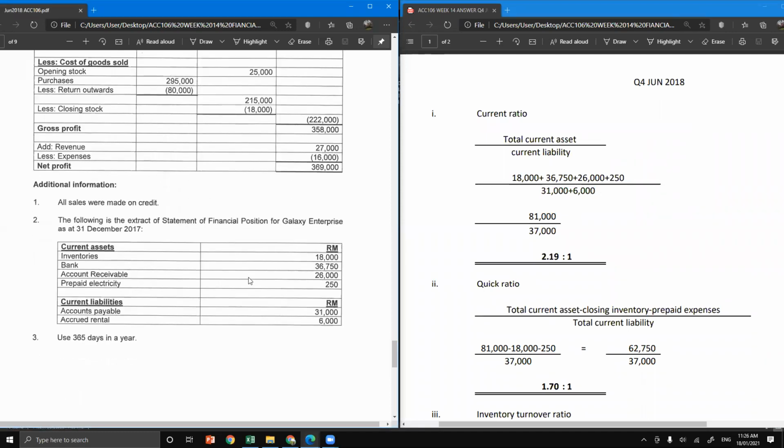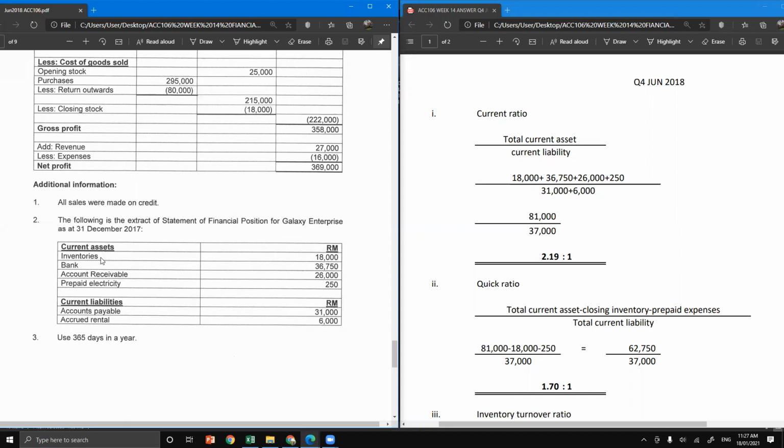Current liabilities are given in additional information 2, which consists of accounts payable 31,000 and accrued rental 6,000. So total current liabilities are 31,000 plus 6,000, which is equal to 37,000. For current assets, the information can also be found in additional information 2.